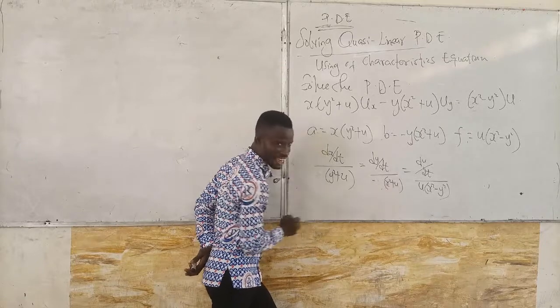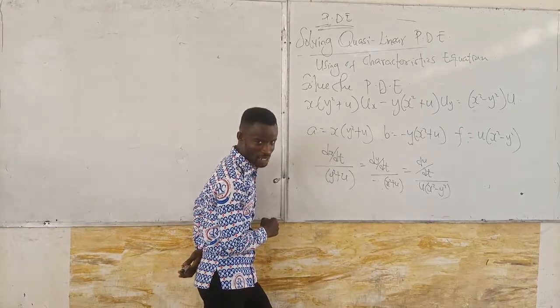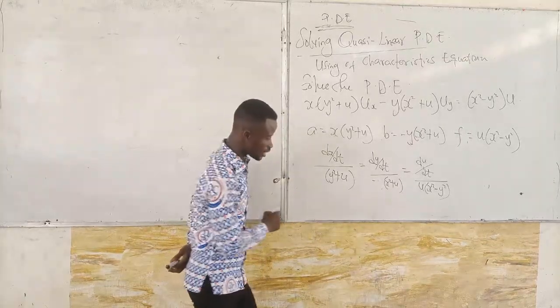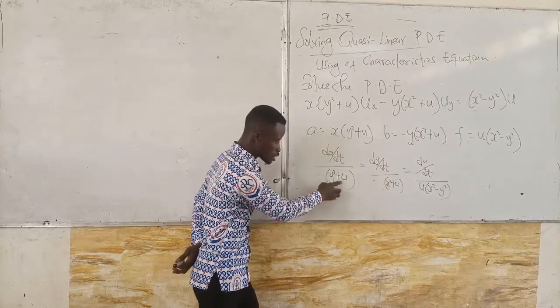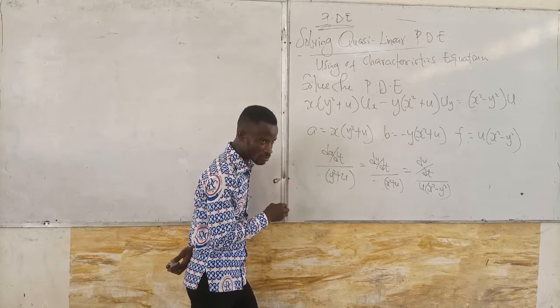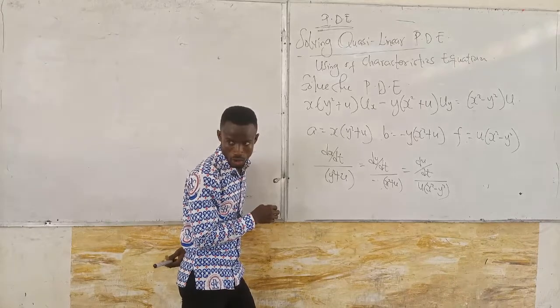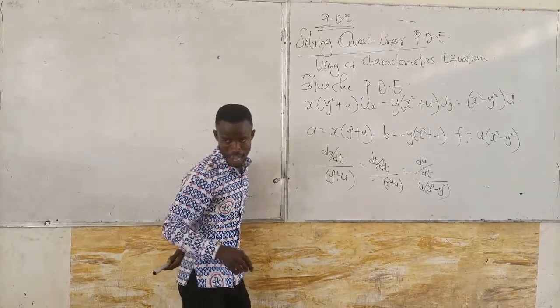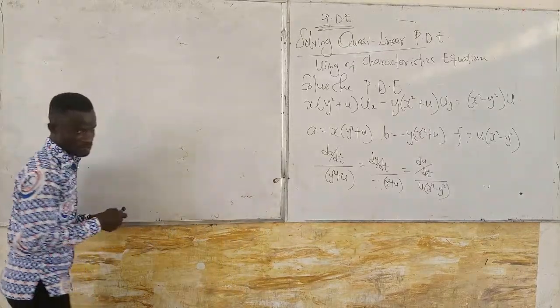Here will be negative u. Please, I'm taking my time here because it's very critical. Here is negative u and here is plus u. So when we add, would the u go? Yes. Don't forget the equivalent statement that we issued.